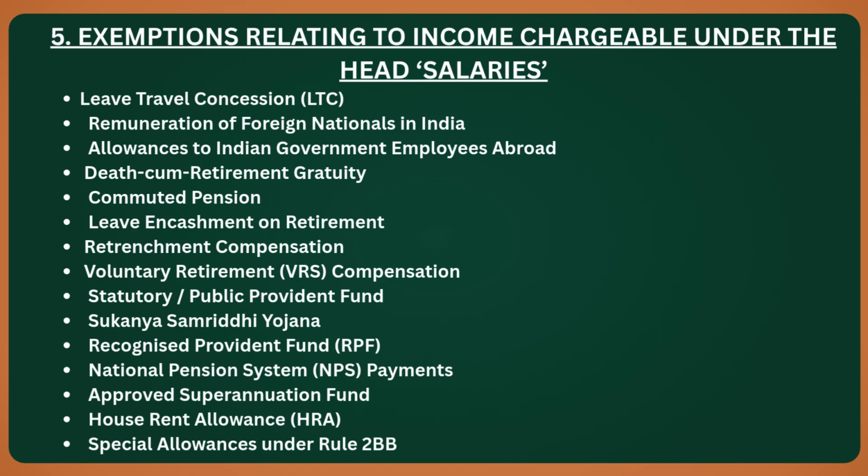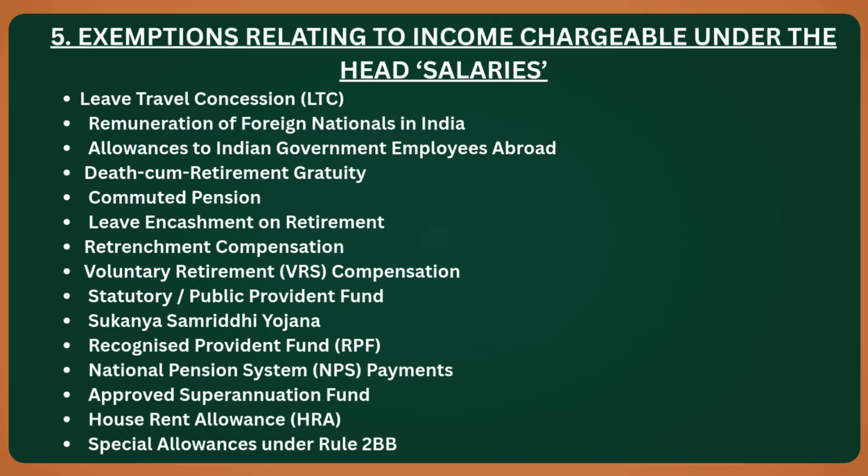Death cum retirement gratuity, Section 10, subsection 10. 5. Commuted pension, Section 10, subsection 10A. 6. Leave encashment on retirement, Section 10, subsection 10AA. 7. Retrenchment compensation, Section 10, subsection 10B. 8. Voluntary retirement compensation, Section 10, subsection 10C.